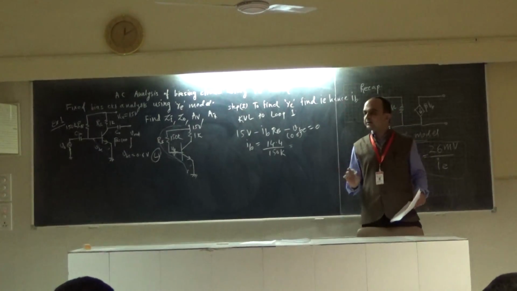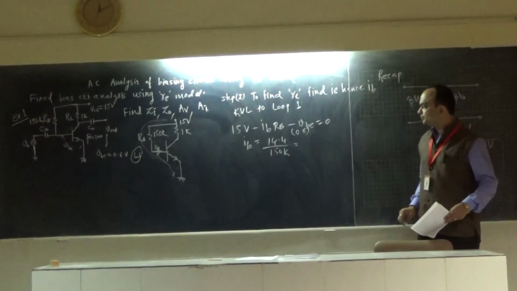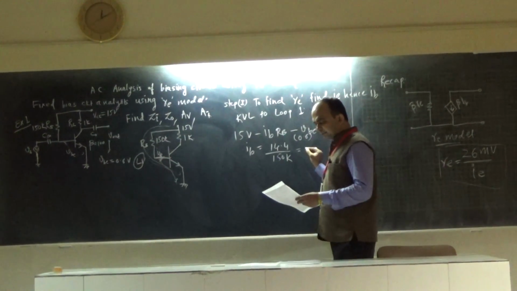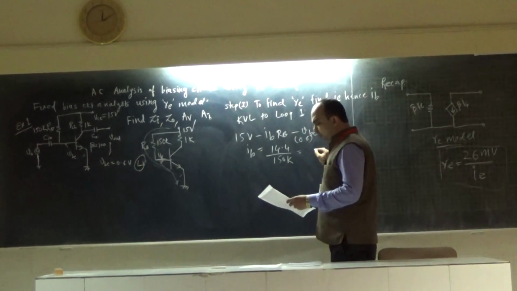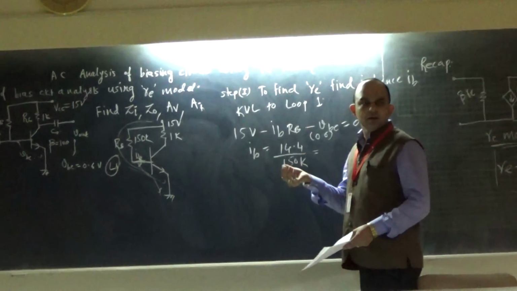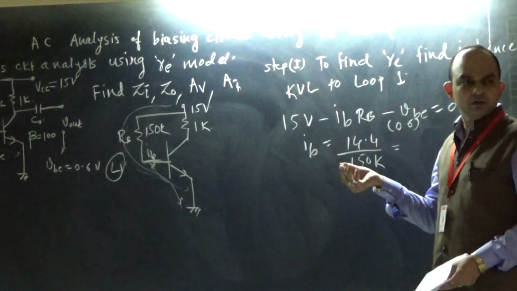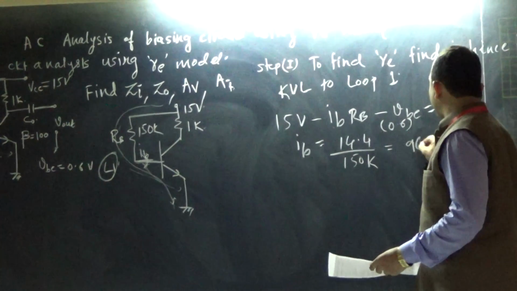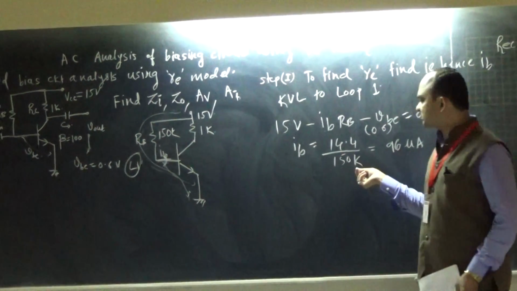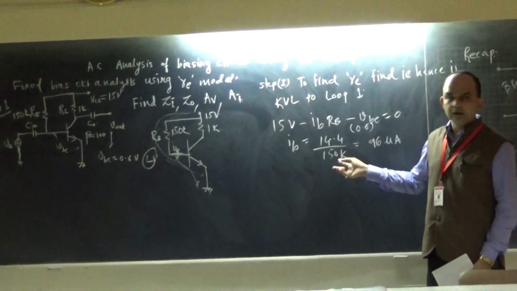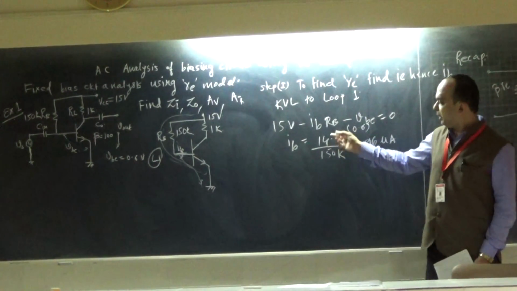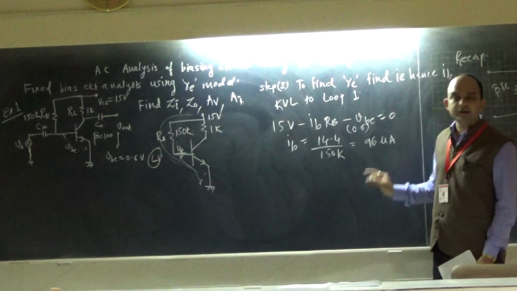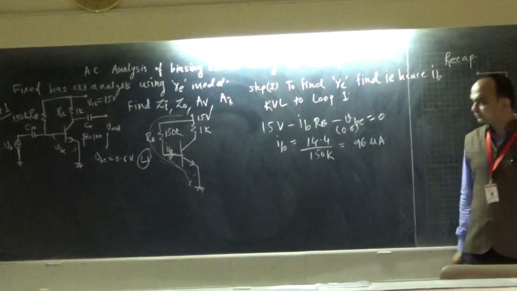Just tell me this value. 0.096, it must be milliamperes. 96 microamperes is what I am getting, because this is kilo and this is divided by 150. So kilo will go above as milli, but this ratio is 0.00 something. So if you convert it into micro, it will be 96 microamperes. Is it clear? Yes, sir.